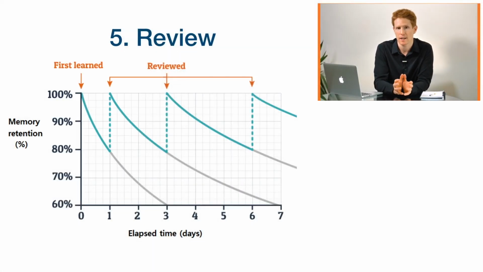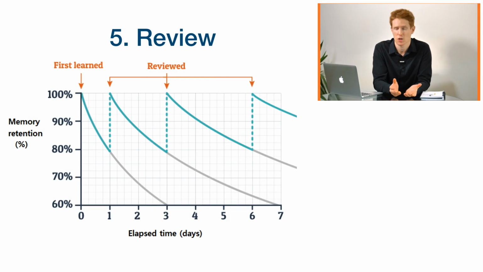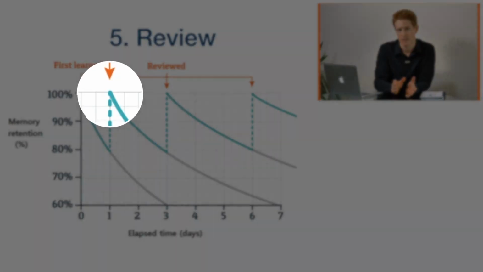We completely know and remember it. However, after one day, so after 24 hours, we typically only have 80% remembered. So we forget 20%. It's at that stage that you need to revise the vocabulary. And that takes it back up to 100%.